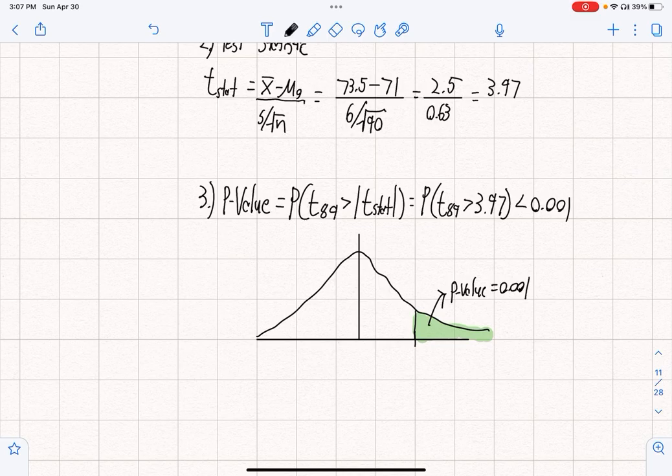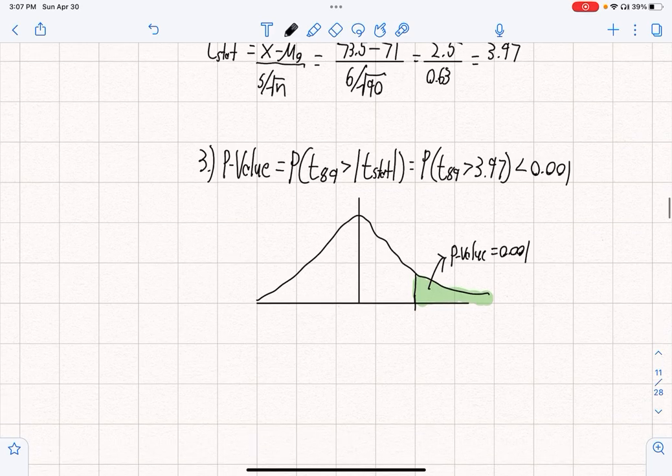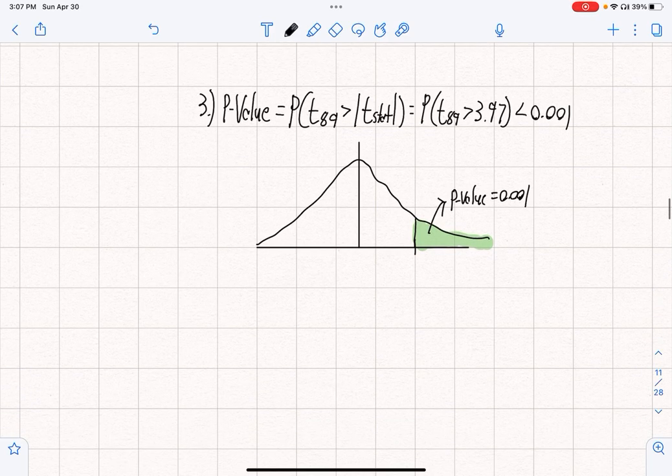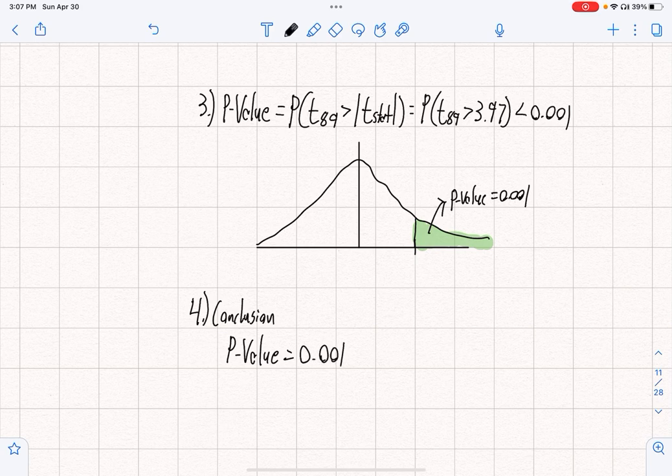And so if your number's even bigger than that, that means your p-value is less than 0.001. Okay, so now let's form our conclusion. So our p-value, we'll just call it 0.001, is going to be less than 0.05, which is our alpha.